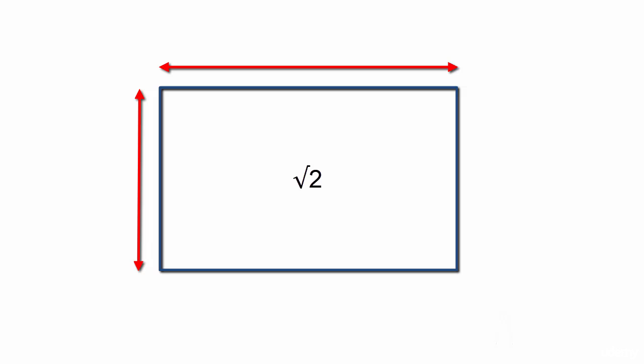This specific relation between the length and width is maintained in all of the papers of the A series. So if you take any paper, for example A1, and divide its length by its width, the result will be root 2. If you take A2 paper and divide the length by width, it will be root 2, and the same convention will follow for the rest of the paper sizes.